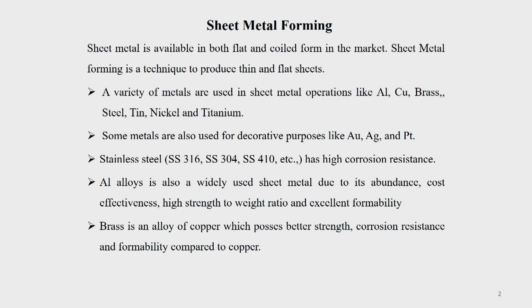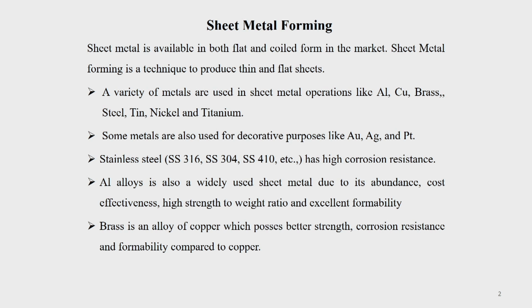But when it is very thin, and when people want to buy in bulk, they buy in big roll form itself, so that it is easy to unwind and use. So, either in flat form or coiled form it is available in the market, and these sheets are subjected to various sheet metal operations to produce the shapes which you require.